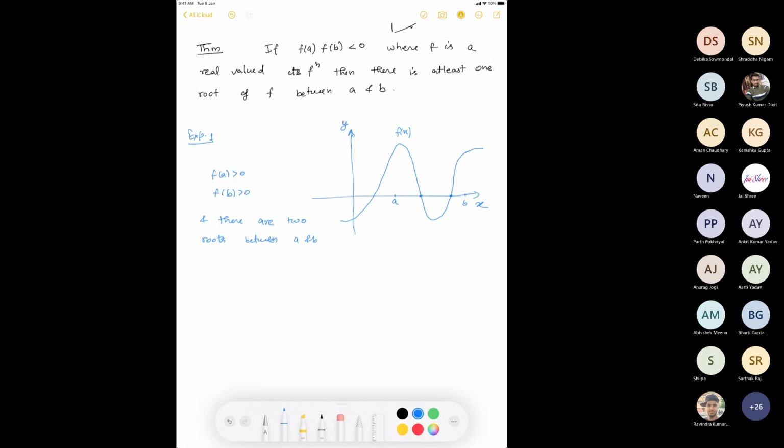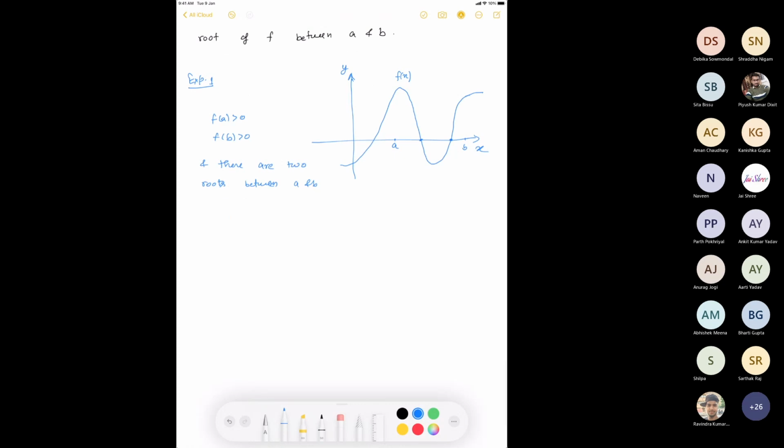So what does this theorem say? This theorem just gives you a sufficient condition. It is not a necessary condition that if there lie two roots between a and b, then f(a) times f(b) has to be strictly less than 0. You can see in this example that you have two points a and b, between them you have two roots, but still f(a) times f(b) is strictly positive.